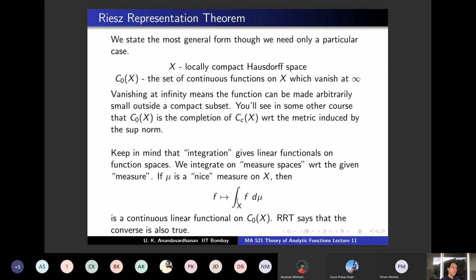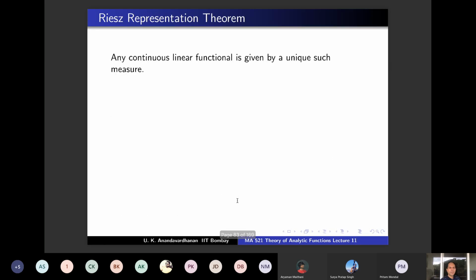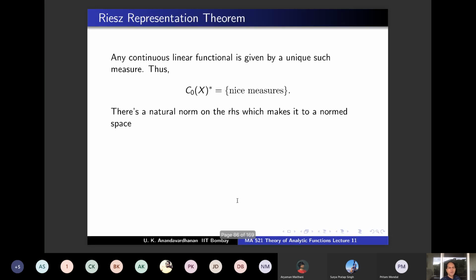That's a map, and that map is an isometry. That's the Riesz representation theorem. It's given by a unique such measure. C0(X)* is the space of nice measures. The right-hand side also has a natural norm, and that's a normed space, and this is an isometry. And nice meant some keywords here. So let's not get into that. This is the Riesz representation theorem.